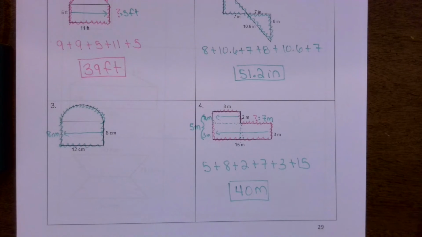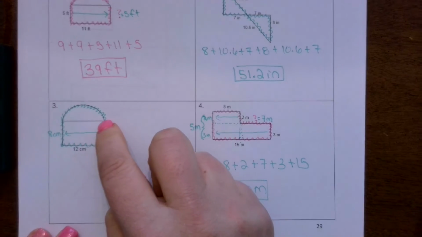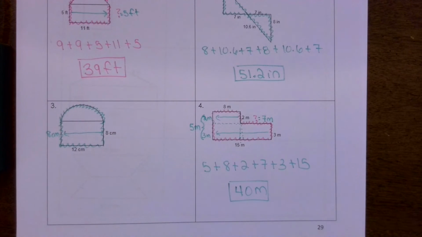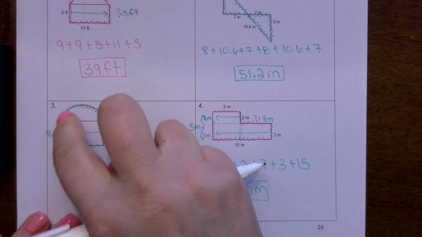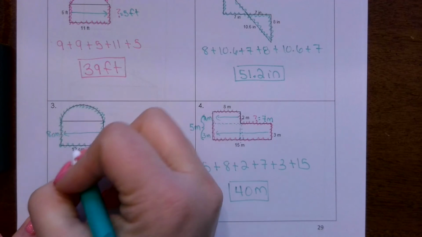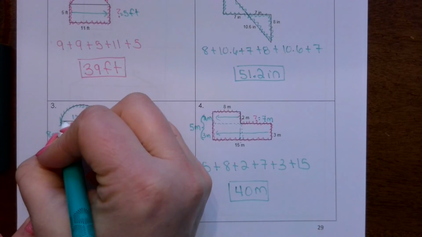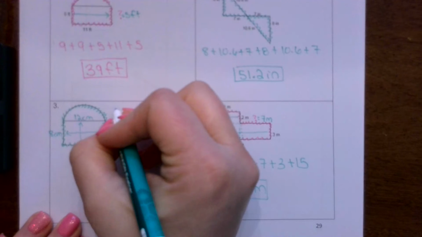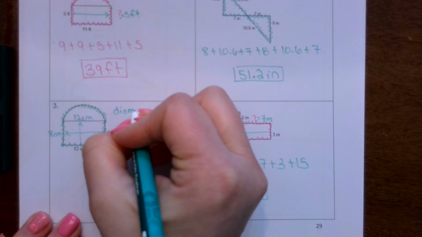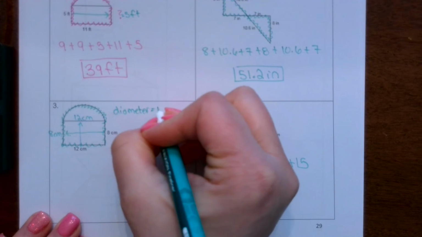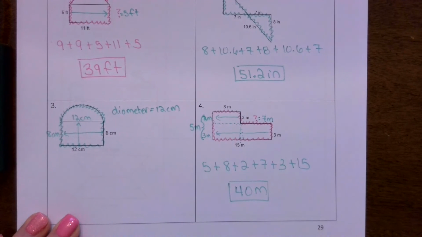And I'm missing this half of the circle. So I need some sort of measurement to find the circumference of this half a circle. Well, I've got this 12, and since it goes all the way across, my diameter must equal 12 centimeters.